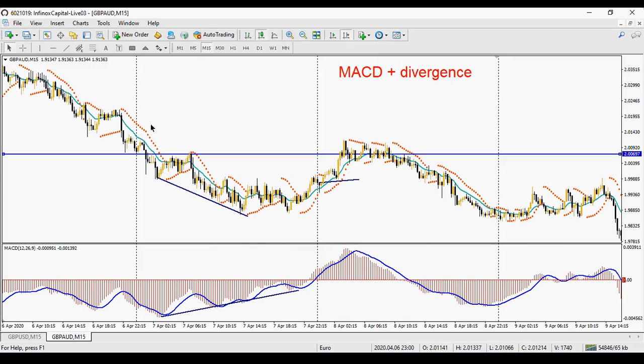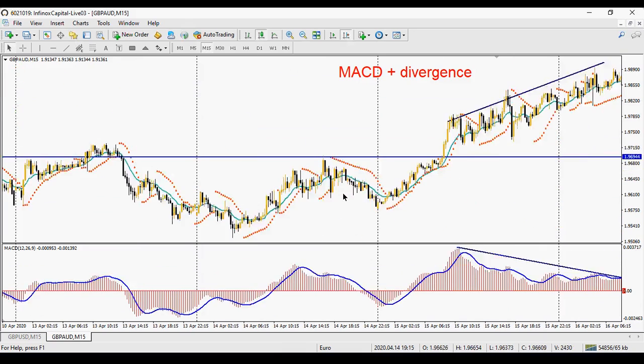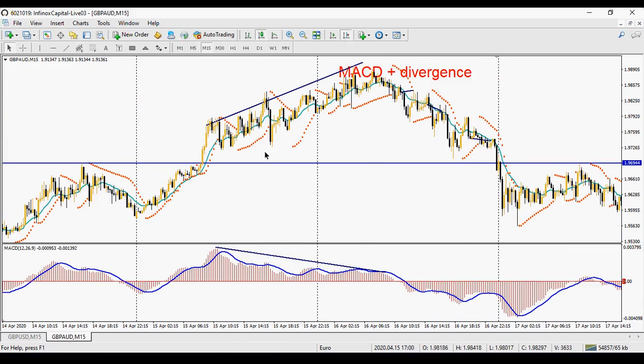So for this Parabolic SAR, when the market is bearish, the Parabolic SAR will be above. When it's bullish, it will be below. Bearish, bullish, bearish, bullish, bearish. So whenever you have divergence, you wait until the Parabolic SAR comes below, and then you can take an entry right there. This could be an entry for you, or you wait for this one and then you enter here. So I think that's one way that can be useful.